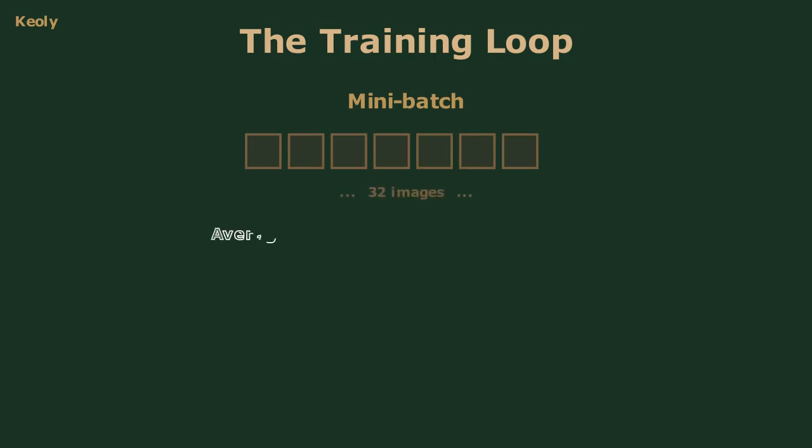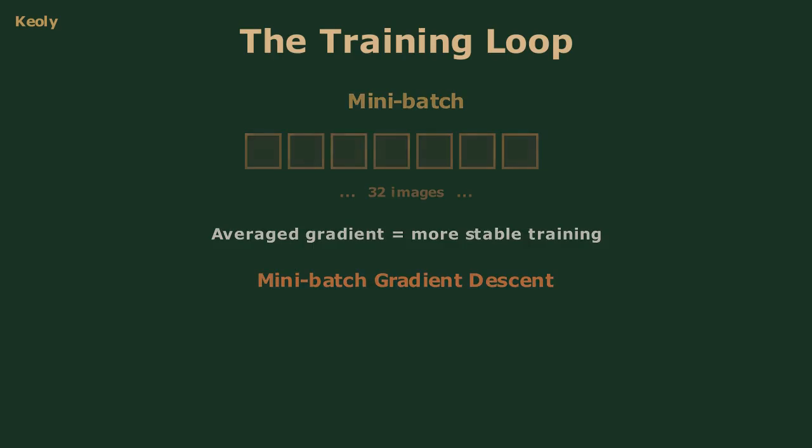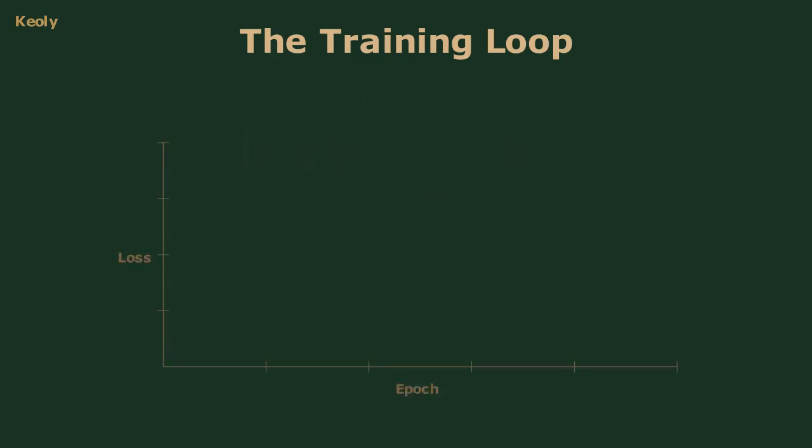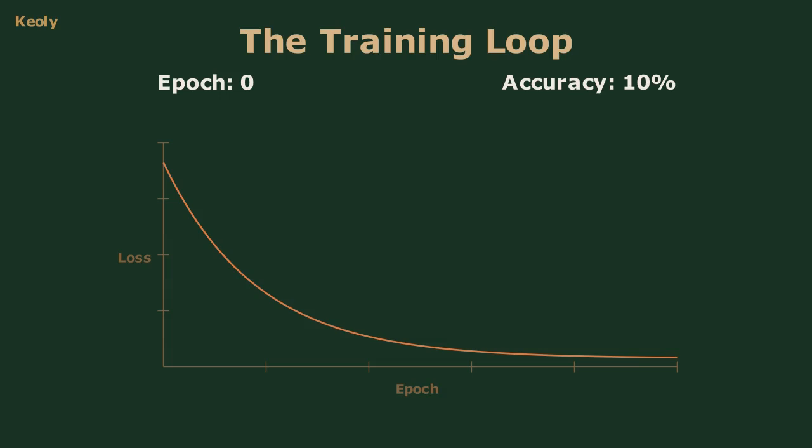We take a small batch, maybe 32 or 64 images, and calculate the average gradient across all of them. This is called mini-batch gradient descent. It's more stable and modern hardware handles it efficiently.